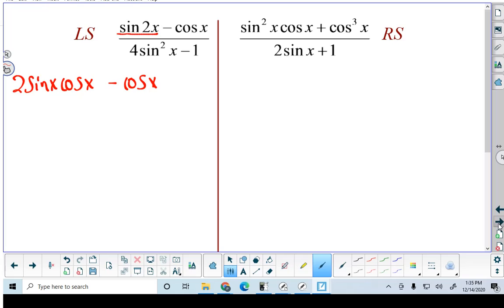So this part here got rewritten to 2 sine x cos x. This is over 4 sine squared x minus 1. And there is only one thing you can do on either side right now. Look over your list of tips and tricks for working with and proving identities. What is it we can do? What's the only thing we can do?